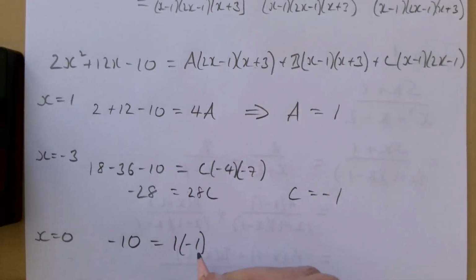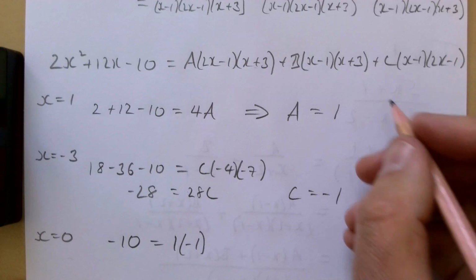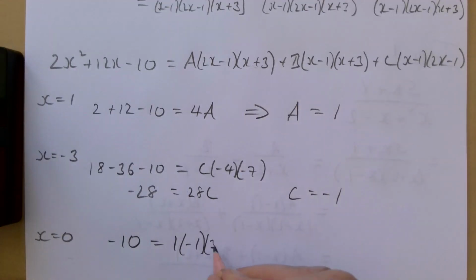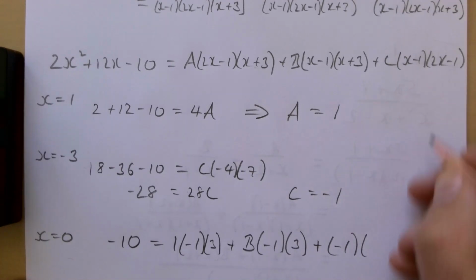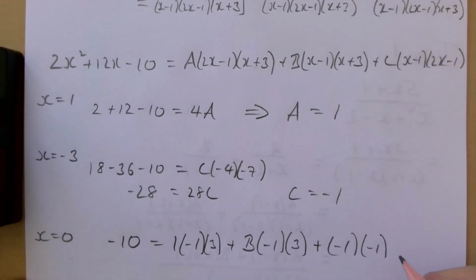That's a minus 1. And what do I put in x equals 0? And that's a 3. Plus b upon minus 1 upon 3, plus minus 1, which is our c of course, upon minus 1 upon minus 1, excitingly.